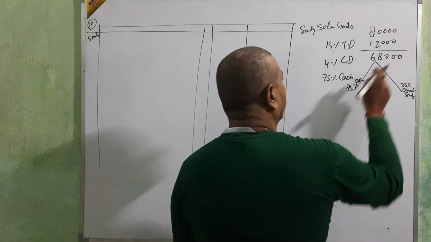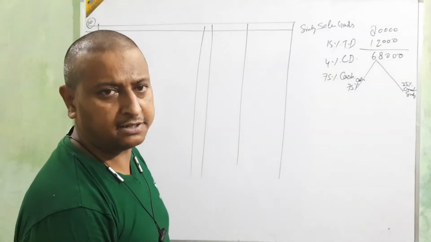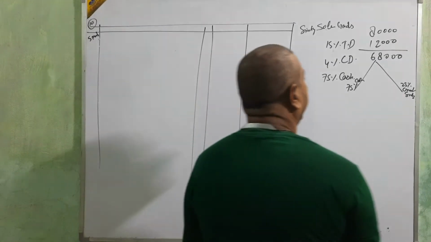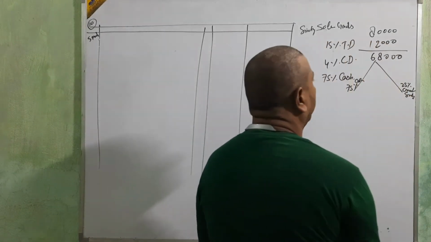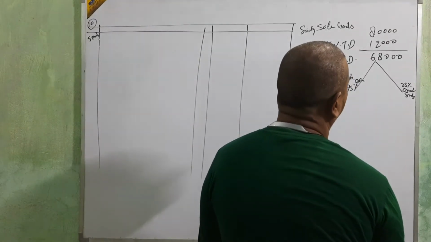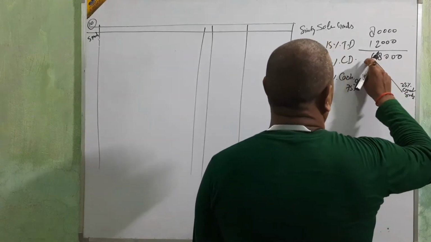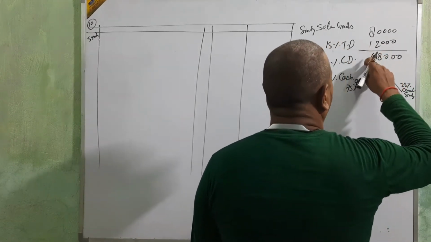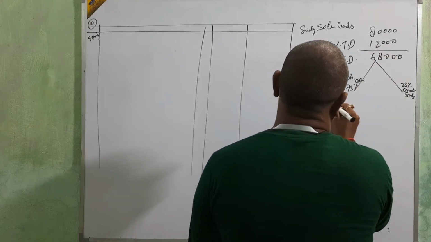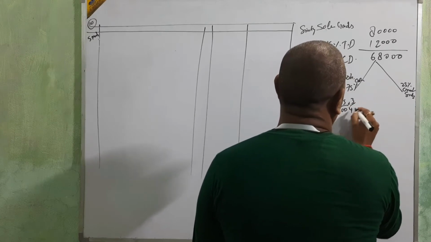Just calculate the 75% of 68,000. Divide by 4 and multiply by 3. 75 upon 100 means 3 upon 4.